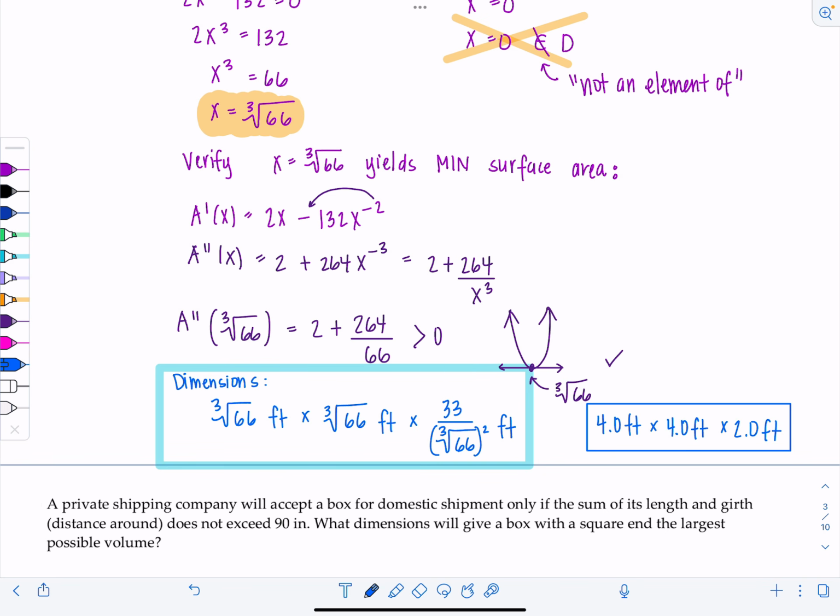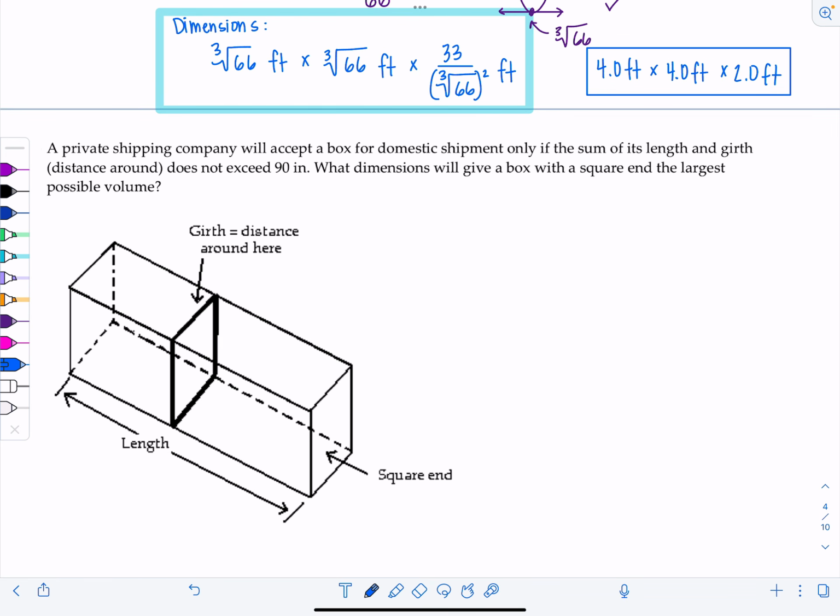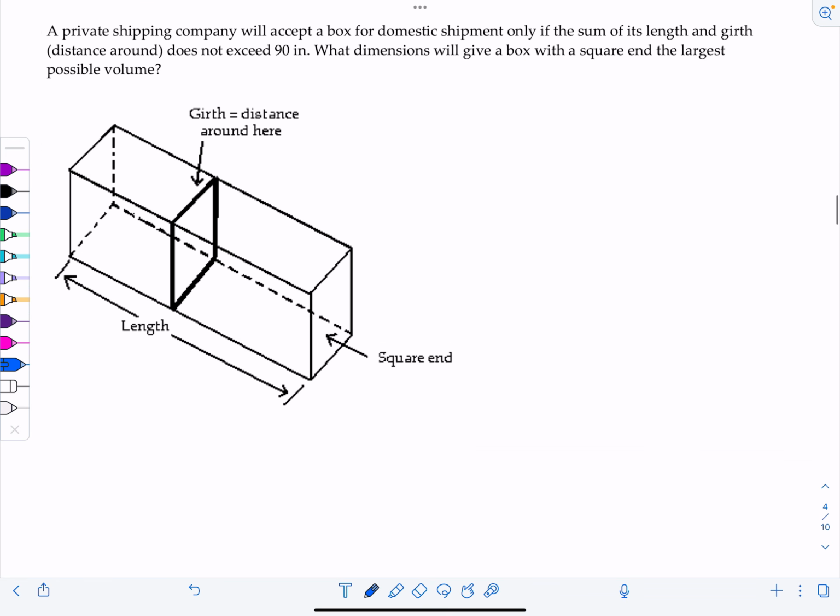All right, let's try another. I like this one because it looks frightening, but it's not hard. It will weed out those who are weak-minded. Okay.